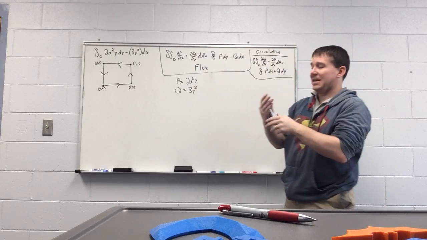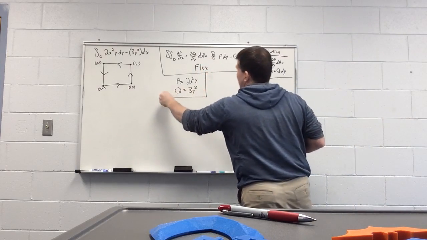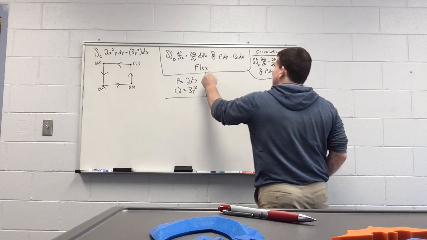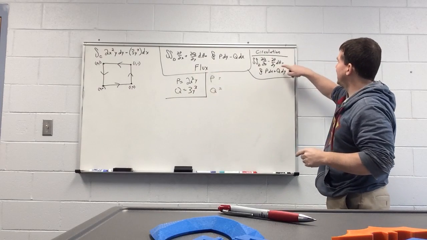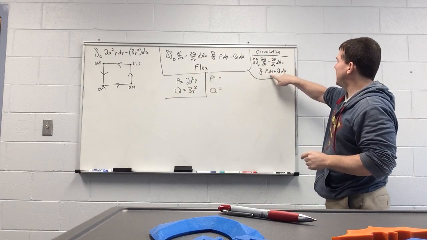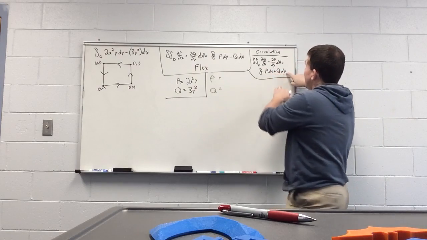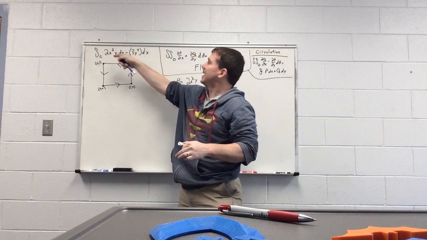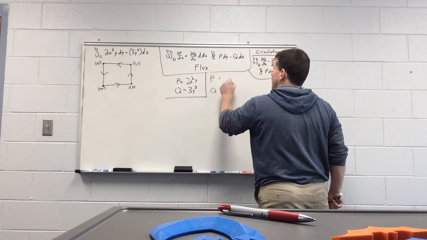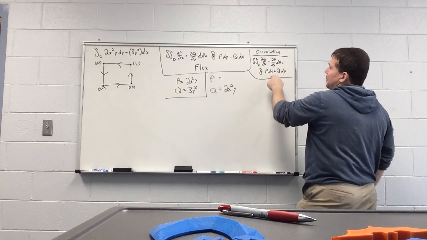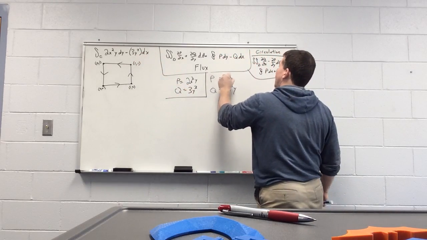I'm going to deliberately leave the p and the q right there from that theorem so we can see this, because this is important. I need my p and my q again. But now for circulation, my line integral is p dx plus q dy, which means the thing multiplied by dy, 2x squared y, is actually q here. And for p dx, the thing multiplied by dx is 3y cubed.